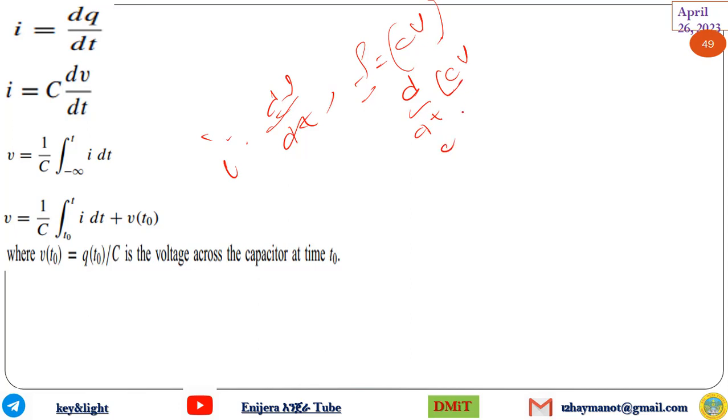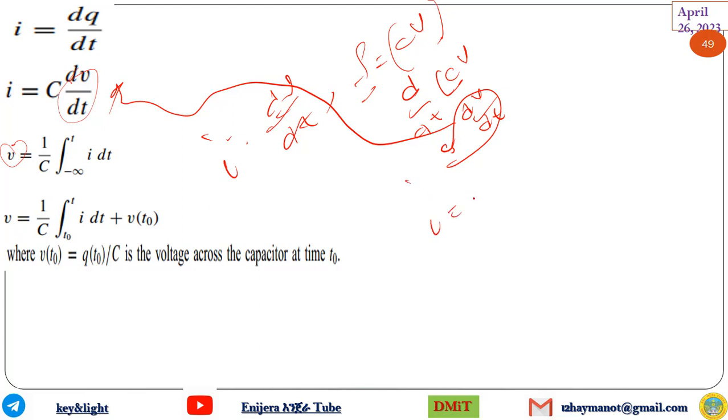Since C is constant, it is C dV by dt. Substitute this in this place. Current I is equal to dq by dt, and Q is equal to CV, so this dq is C dV by dt.